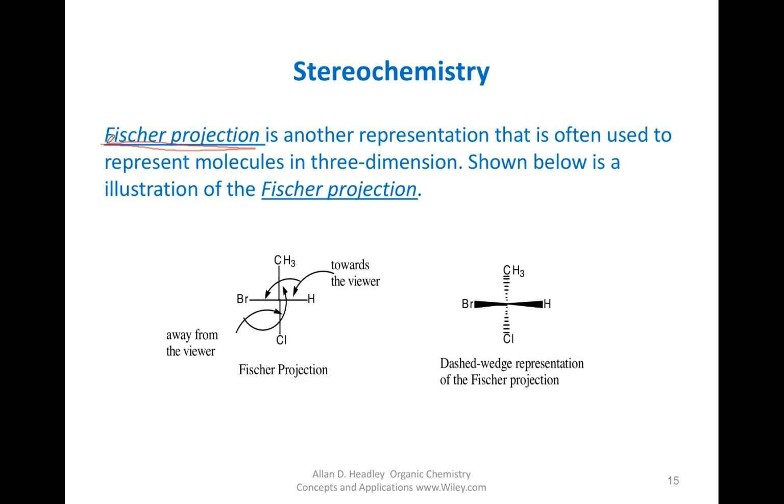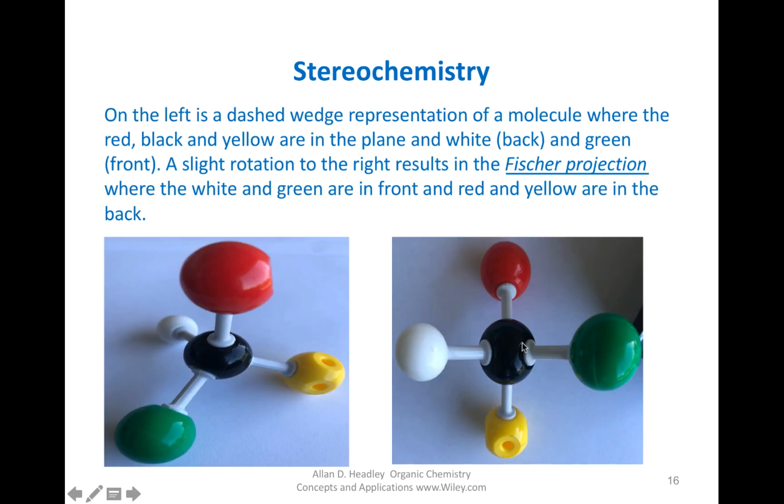What he envisioned is to hold the molecule like this, so it's pointing towards you. This bromine, for example, and this hydrogen will be in front, and this methyl group and this chlorine group will be in the back, away from the view. So try to build a molecule like that, having 4 different groups bonded to a carbon, with these groups pointing towards you and these groups away from you. Okay, so what we have here is a picture of that.